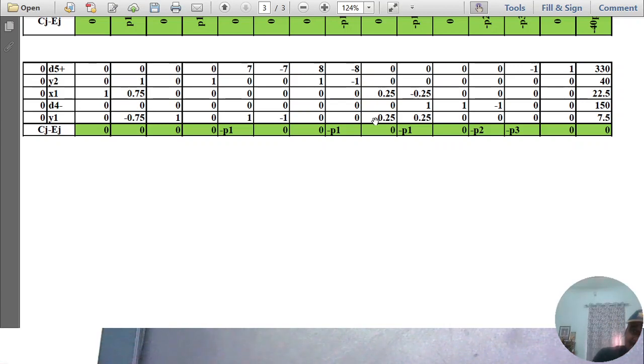We had the target of 200, so we are 330 above the target.